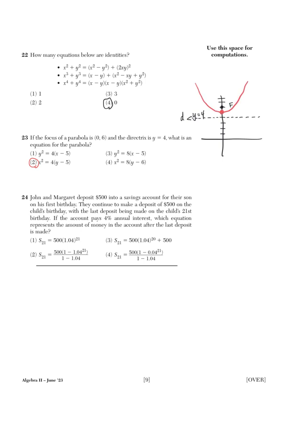This point right here is your vertex, and your vertex is 0, 5. Okay, the last thing that you have to remember is the P, and the P is the distance from the focus to the vertex, or from the vertex to the directrix.